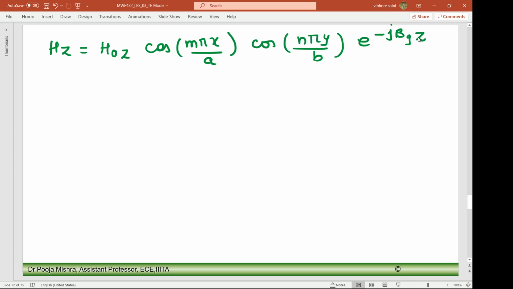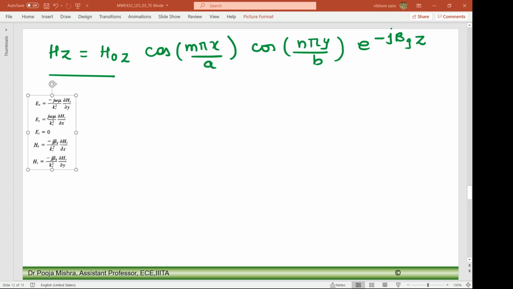So we know the solution for Hz. We can get all other equations like this. Through this equation, we'll see the solution for Ex will be E0x. This is the differentiation of Hz with respect to y.